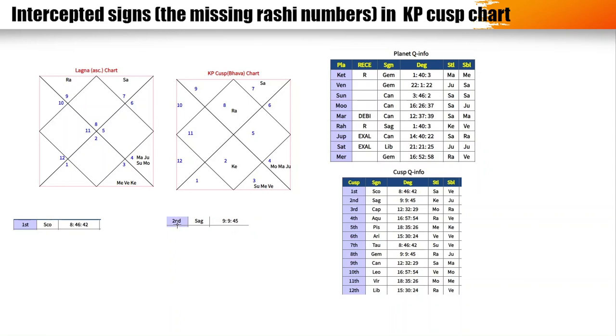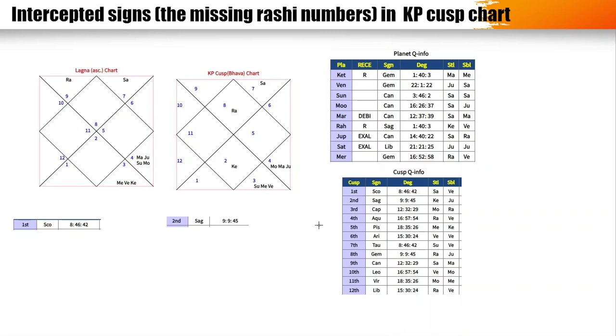You see, I put the seconds over here, so don't get confused. The span of the ascendant starts from Scorpio 8 degrees 46 minutes and ends at Sagittarius 9 degrees 9 minutes.